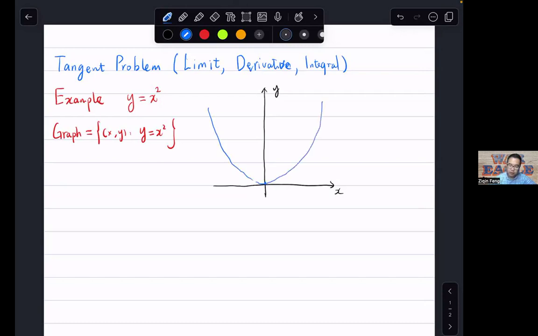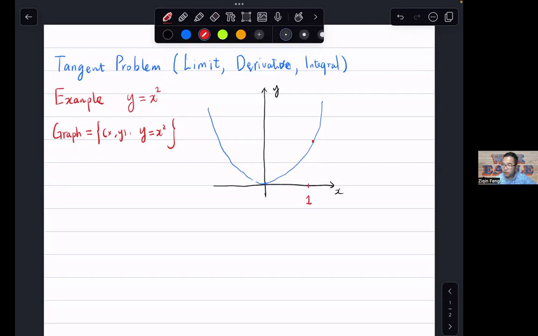Let's fix one point, because in some situations we want to know the tangent line, the equation of the tangent line. Fix x equal to 1. So this is 1 here. You have a point on the curve, which is 1, 1.